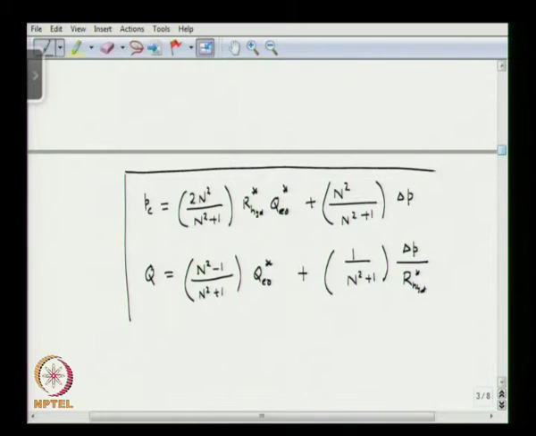Okay. So, these two are the expressions for the central pressure and flow rate.